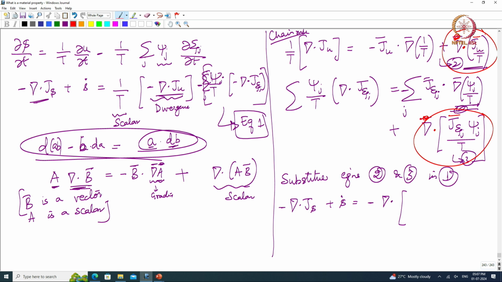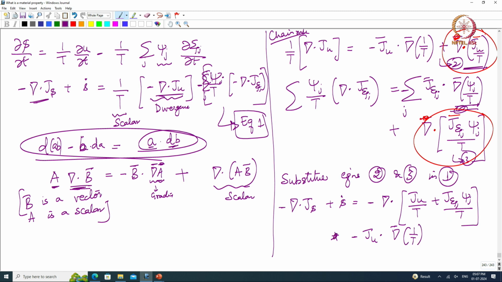So, j is a vector, right. So, I have a divergence there. So, that would be j u by T, right, plus j epsilon j psi j by T, all right, good. Then plus I have S dot term. Now, S dot is okay. So, let me write it as this 1 by T, okay.